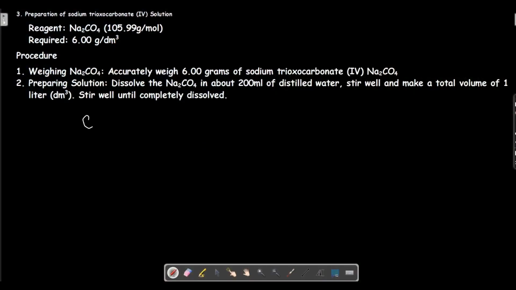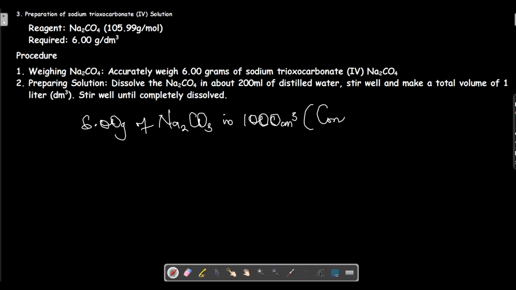Now, if we dissolve 6.00 grams of sodium carbonate in 1000 cm cube, what then is the concentration? To do this is very simple.